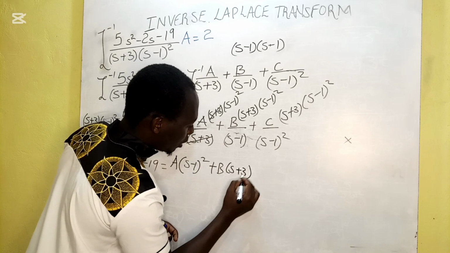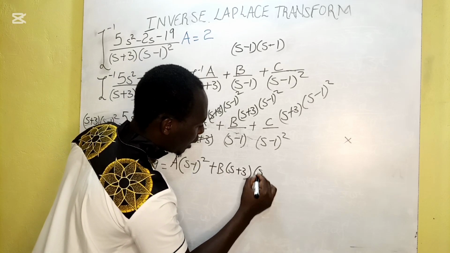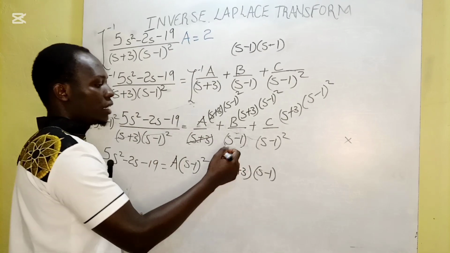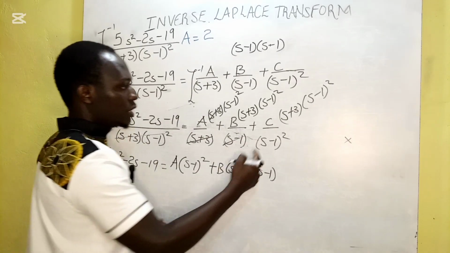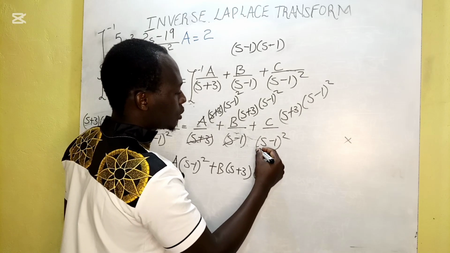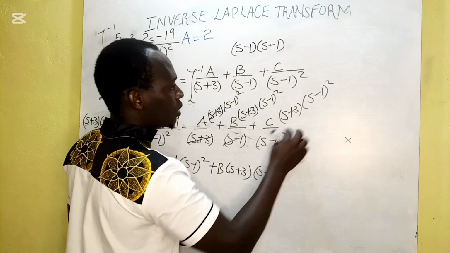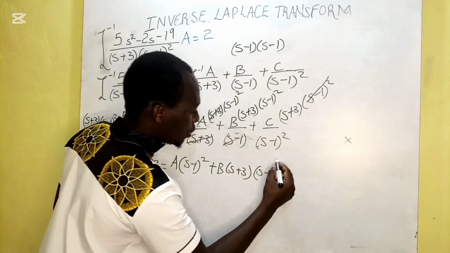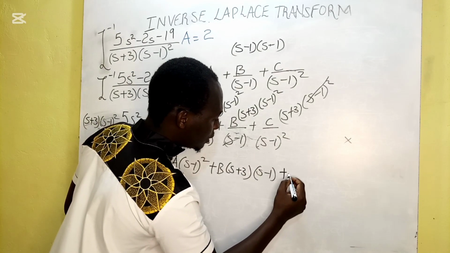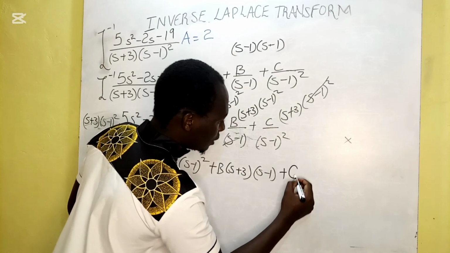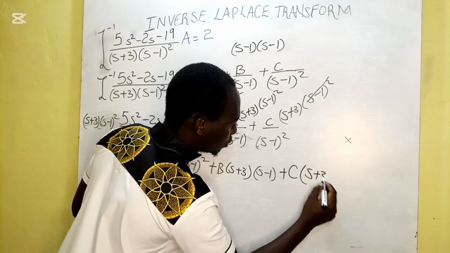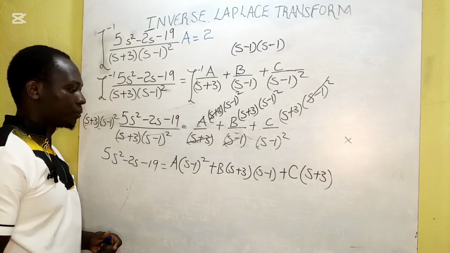We add 3 into (s − 1), because one of them is going to be cancelled by this denominator. Whatever we are having here is going to cancel out with our function at this point. And now we are going to be left with (s + C) into s, we add 3.